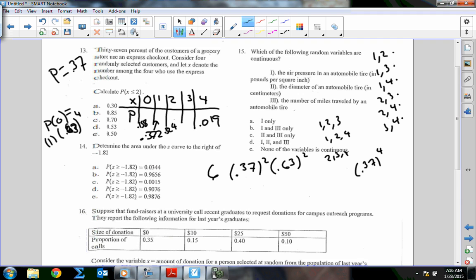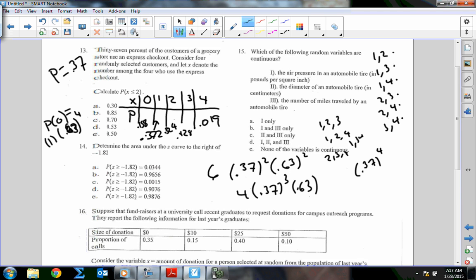Oh, 1, 3, 4. There's the one I'm missing, because I thought there should be 4. So 4 ways it can happen. I'm going to have 3 successes and 1 failure, and when I do that, it comes out to be 0.128.